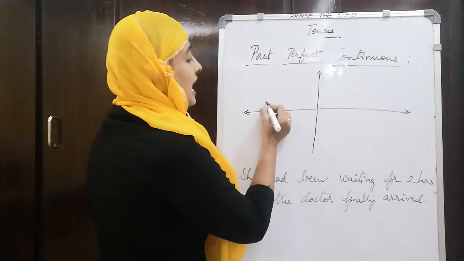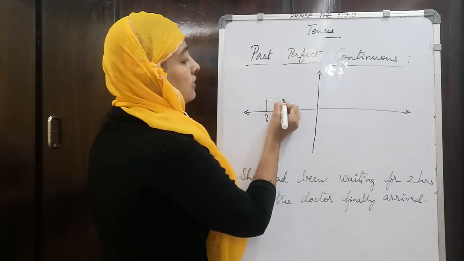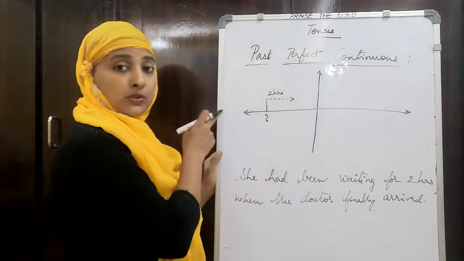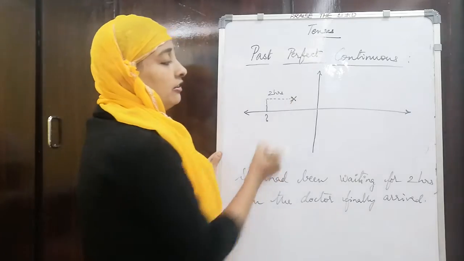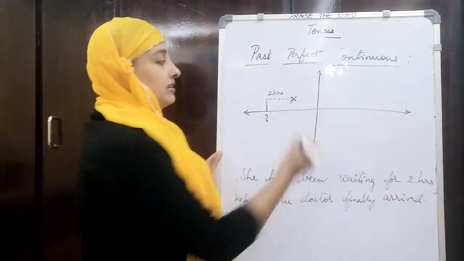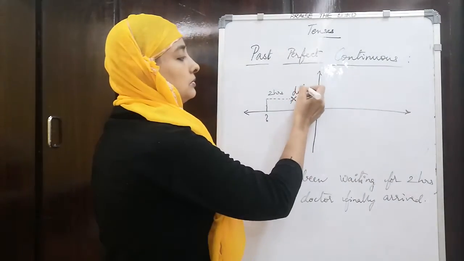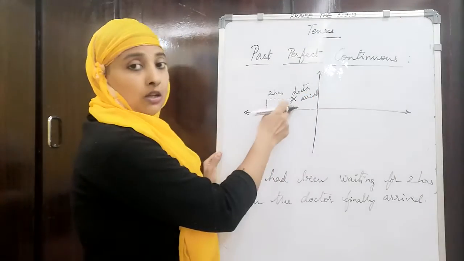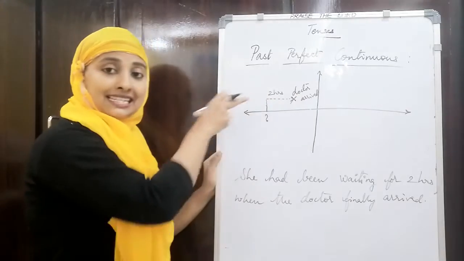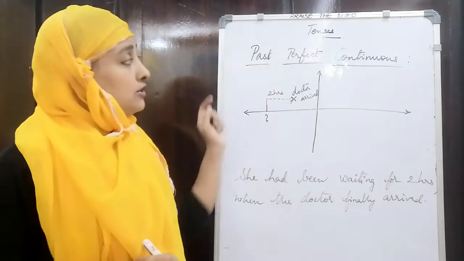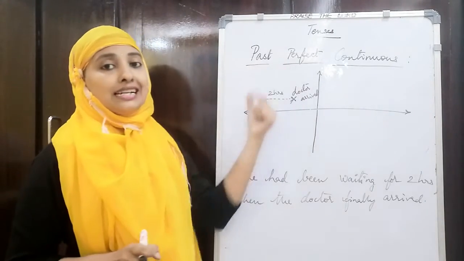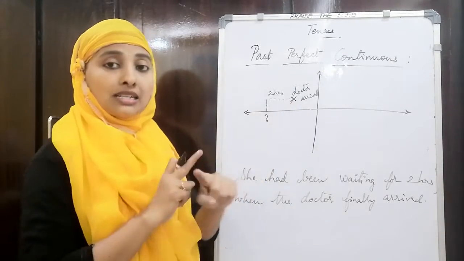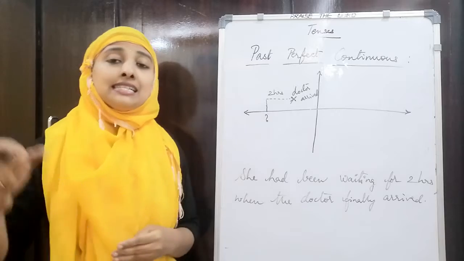Okay, and she had been waiting for 2 hours. When she was waiting, then finally the doctor arrived. So when the second event got over, this first event is still continuing, right? So this is called past perfect continuous tense. So when the second event got completed, the first event was still continuing.